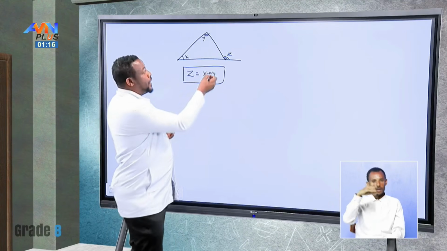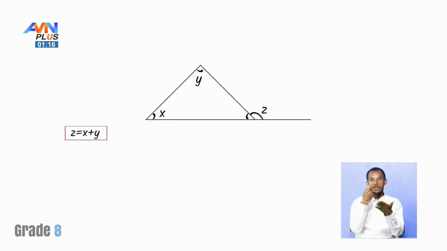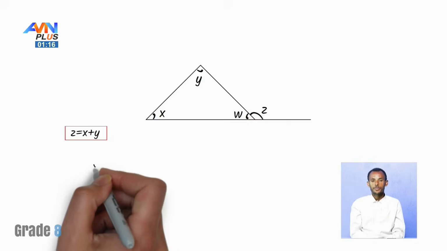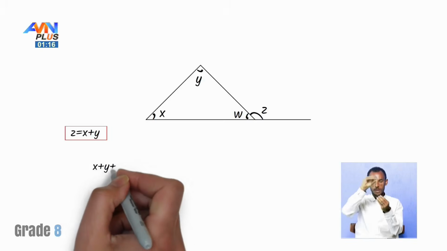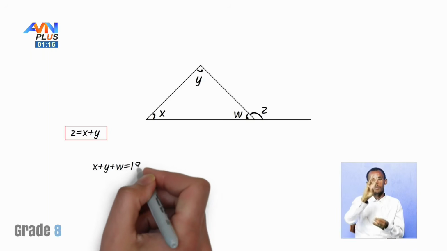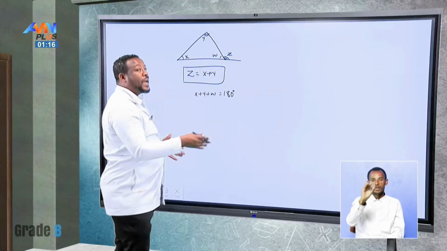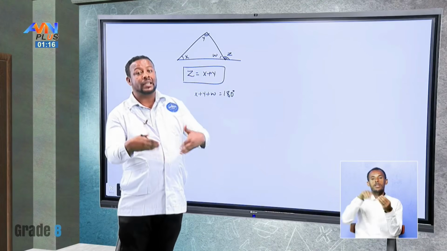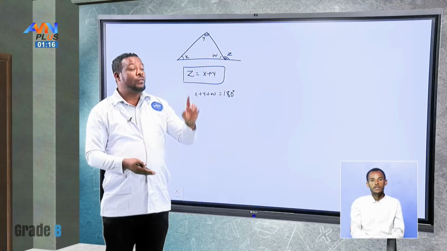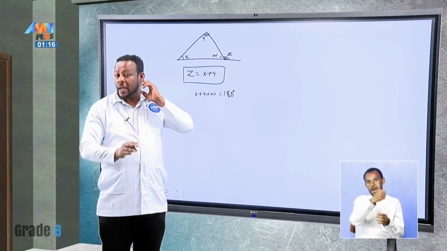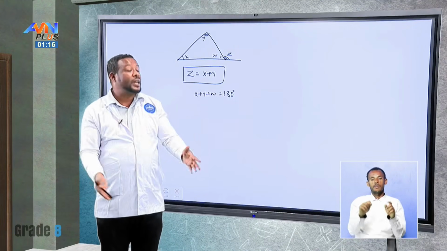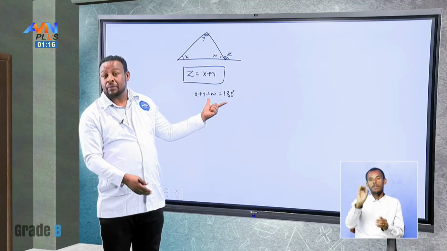Roughly speaking, if you take this as W, clearly x plus y plus W is 180 degrees based on the sum of the interior angle theorem, right? The sum of the angles of any triangle is 180 degrees. From this, you can have this equation.